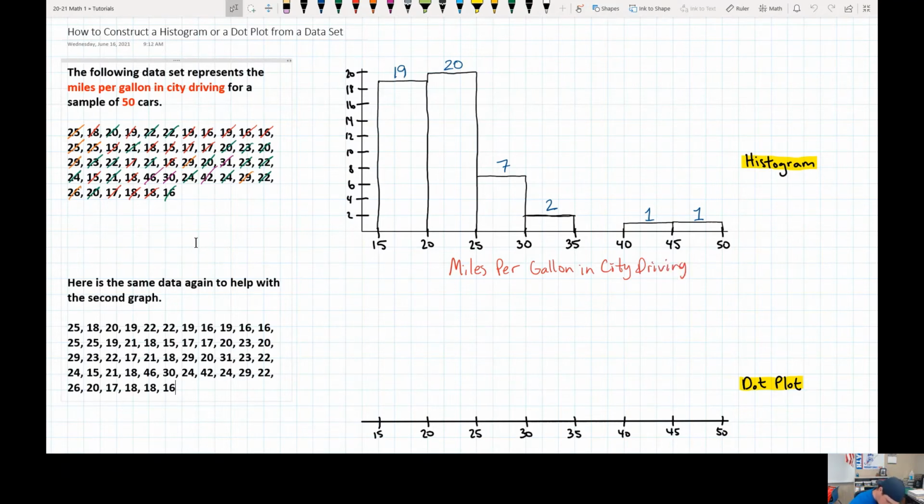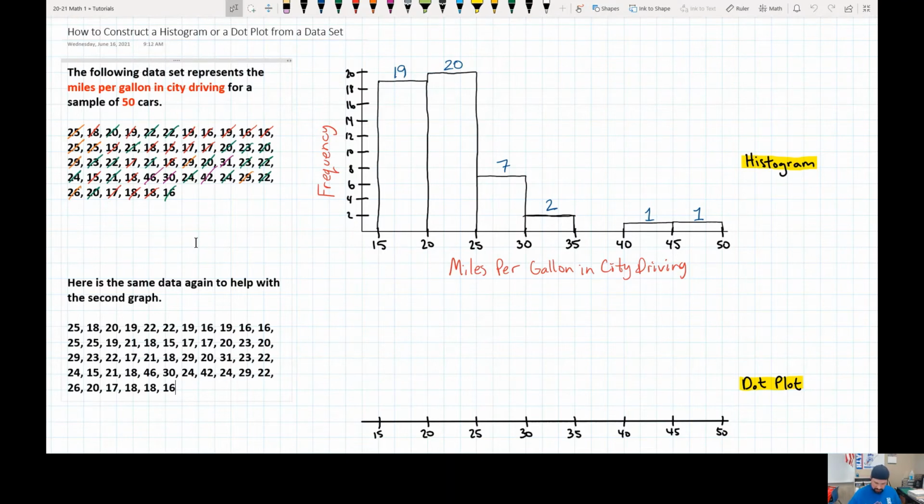And then on the y-axis, or the vertical axis, this is what we call the frequency. It is a fancy word for count, how many times this thing happened, right? And so that's how we label these.